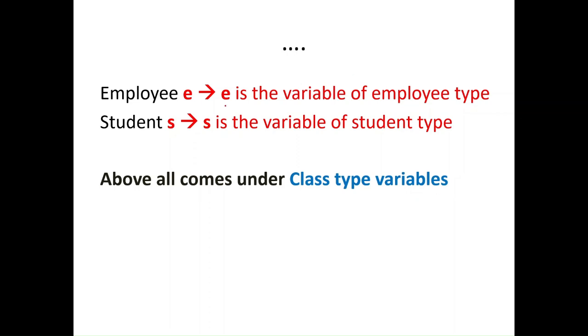Suppose there is an employee class; you assign a reference variable, and you may give any name, suppose E. Suppose for the student class I'm giving a variable S. This is actually called an object. Now E is a reference variable of employee type, that is, the class type which you have given. S is a reference variable of student class, that is, student type. So the data type itself is the class which you declared. So these are called class type variables.